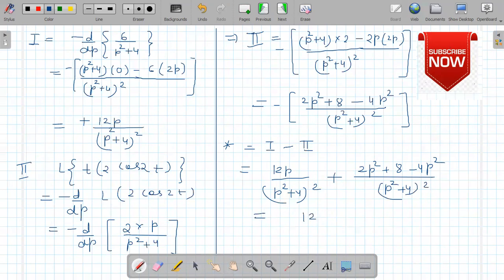So the answer is 12p minus 2p square, we have combined both, plus 8 whole divided by p square plus 4 whole square. So this is the answer.